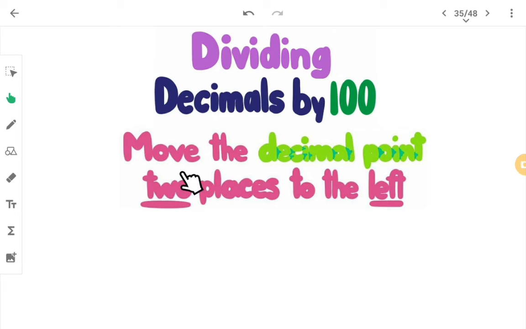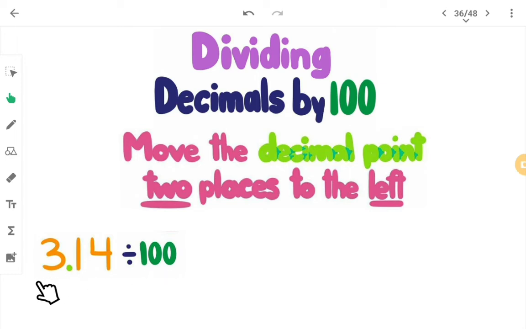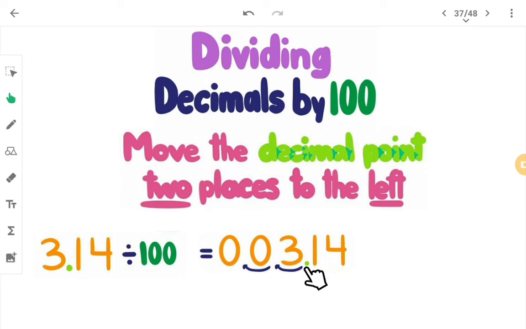And the next one is dividing a decimal by 100. Yes. Move the decimal point 2 places to the left. 3.14 divided by 100. So I am going to move the decimal place 2 places, right? Here, if the number is not there and you want a place, you can insert a 0. That's what I inserted here, 0.